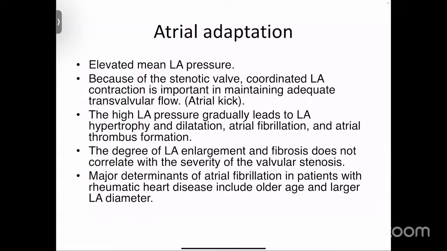The degree of left atrial enlargement and fibrosis does not, however, correlate with the severity of the valvular stenosis, partly because of the marked variation in duration of the stenotic lesion and the atrial involvement by the underlying rheumatic inflammatory process. The major determinants of atrial fibrillation in patients with rheumatic heart disease are old age and larger left atrial diameter.